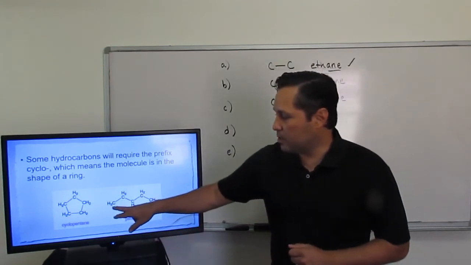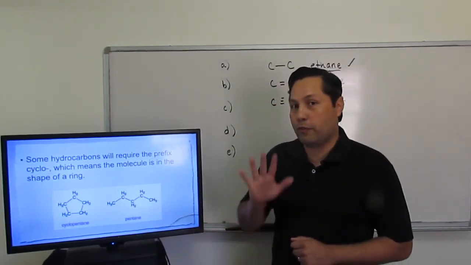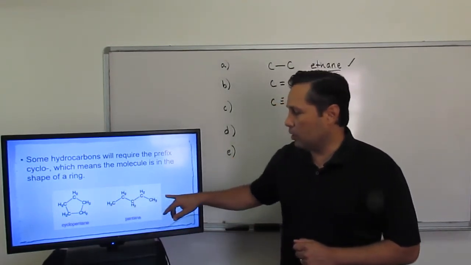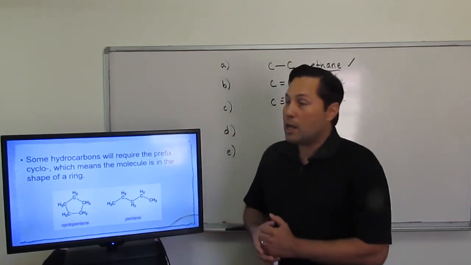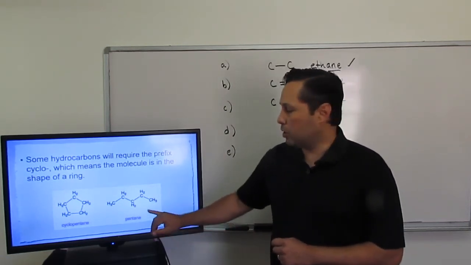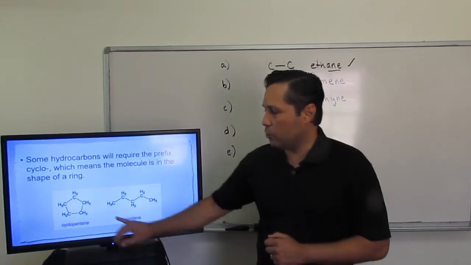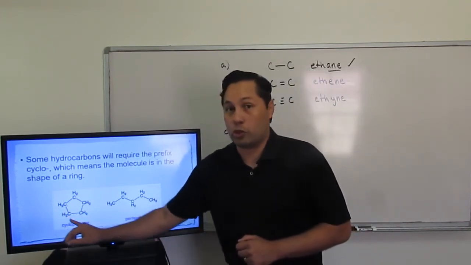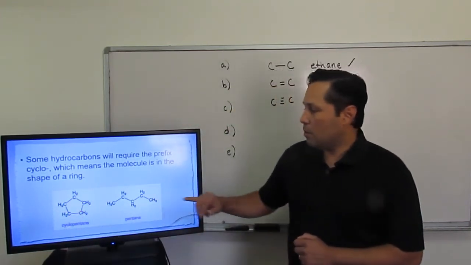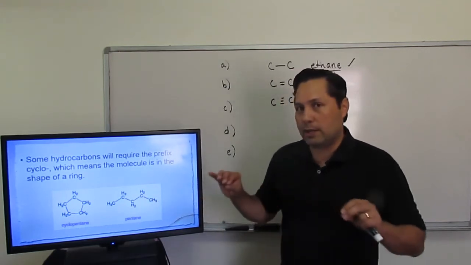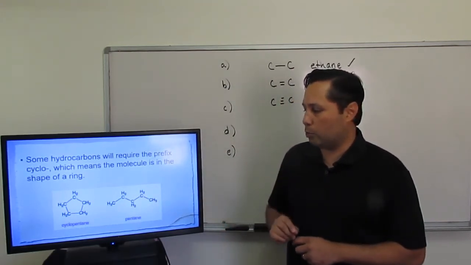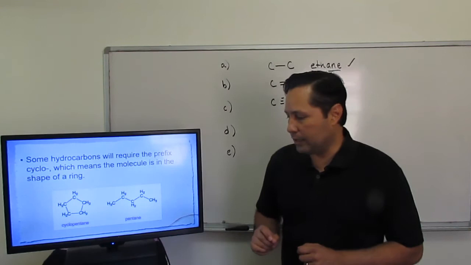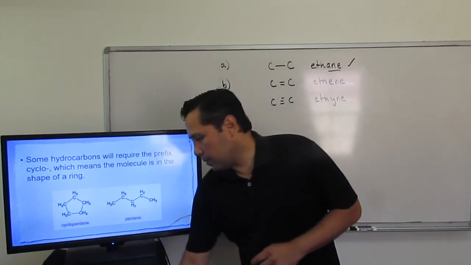On the other hand, this one has the same number of carbons, 5, but notice it's a line or a chain. You would not put the prefix cyclo for the one on the right. You would put it here when it's in the form of a circle, cyclo, but as a chain, as a straight line, you do not put that cyclo prefix. So only some of them will need it. Alright.